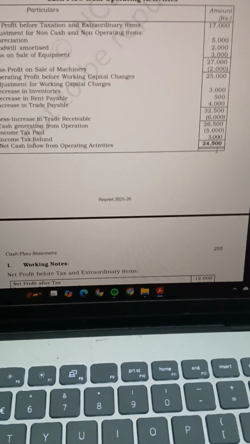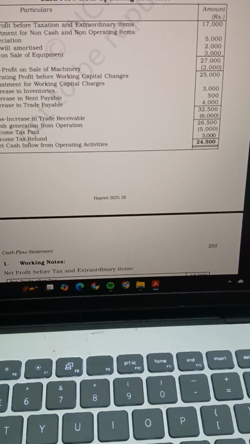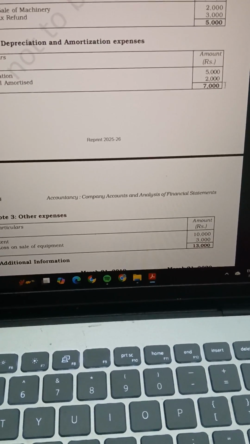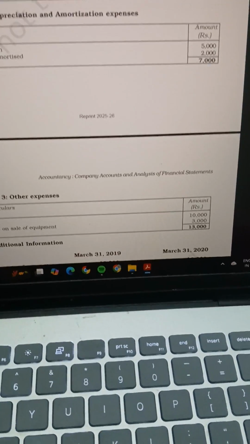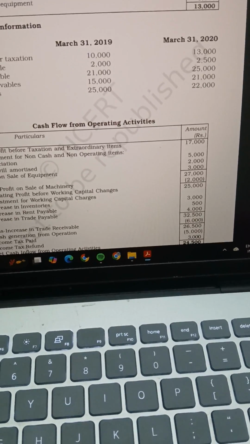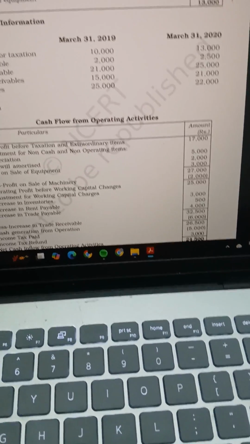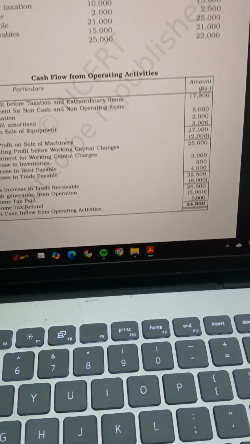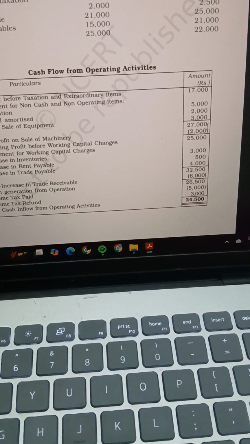Then depreciation, which is given in the question, is 5,000. Then the amortization is 2,000. Then loss on sale of equipment is 3,000. By totaling all these amounts, we get 27,000.